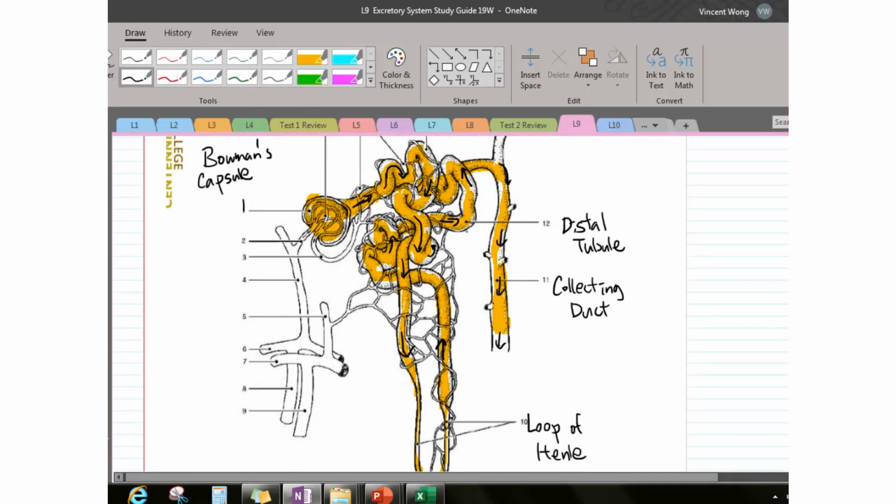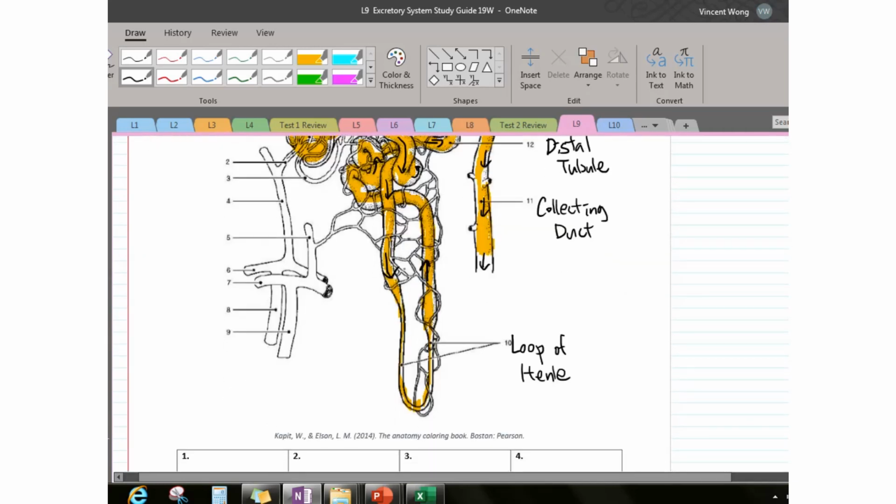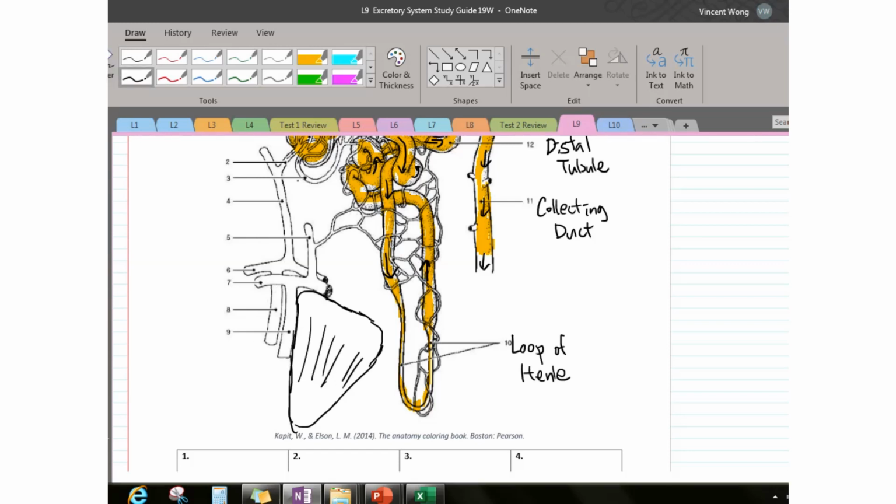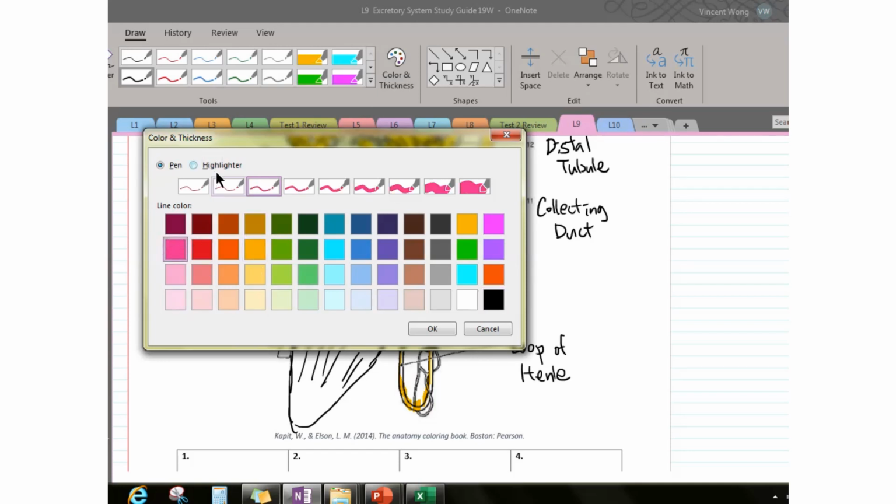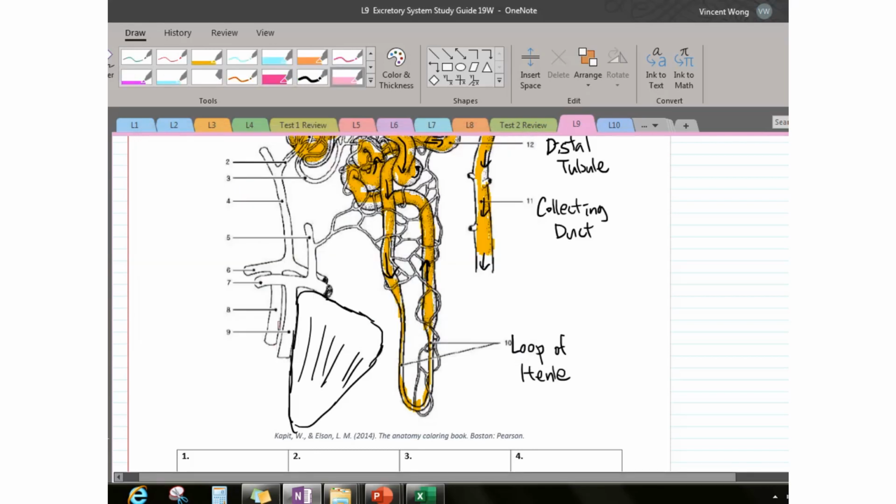Now let's take a look at the blood supply. It's a little bit hard to figure out what these are. Again, this is not to scale, but I'm just going to put the pyramid here because once you have the pyramid drawn, you can kind of figure out what they are. So I'm going to use two different shades of red here.